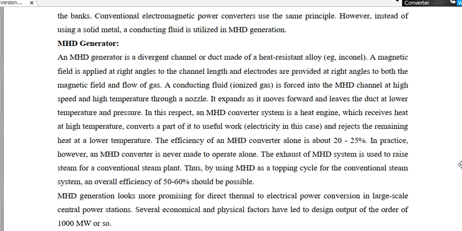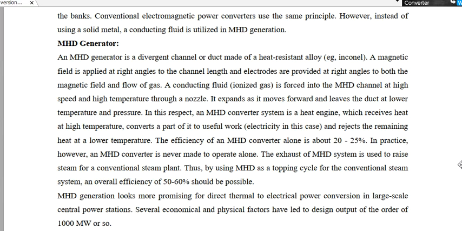In this respect, an MHD converter system is a heat engine which receives heat at high temperature, converts a part of it to useful work, which is electricity in this case, and rejects the remaining heat at a lower temperature. The efficiency of an MHD converter alone is about 20 to 25%. However, an MHD converter is never made to operate alone. The exhaust of the MHD system is used to raise steam for a conventional steam power plant.